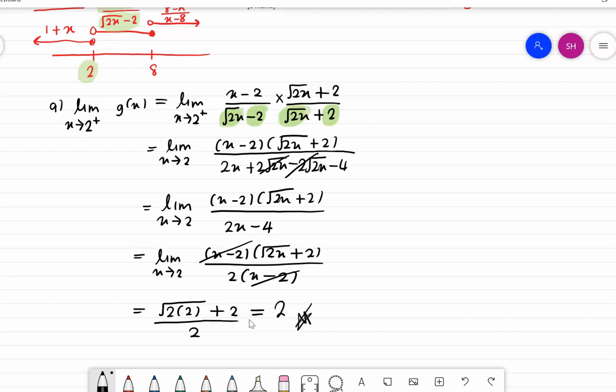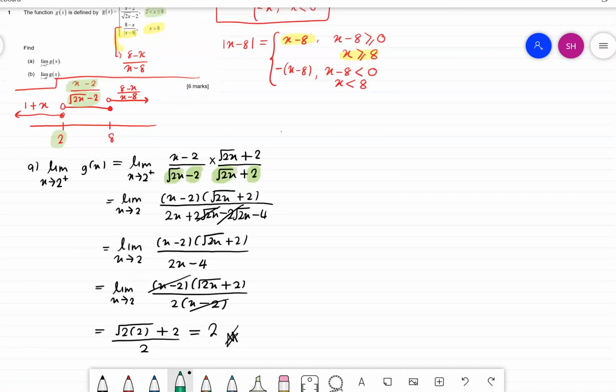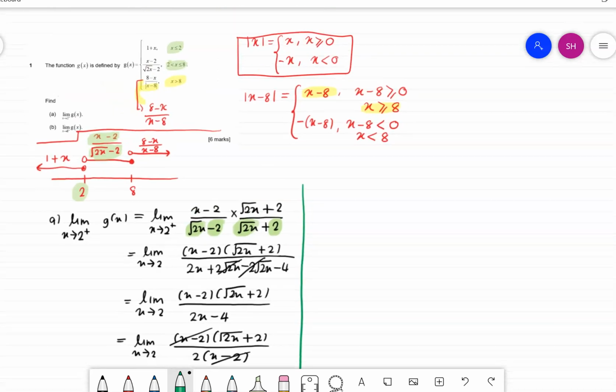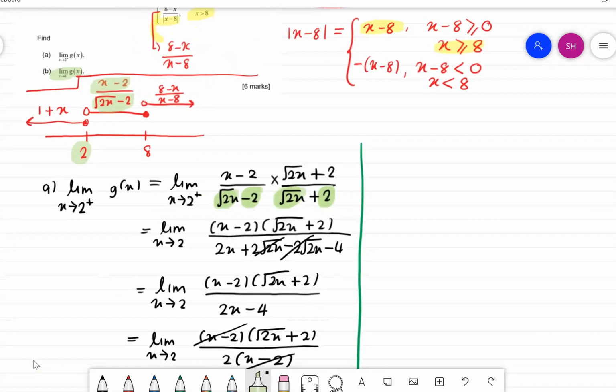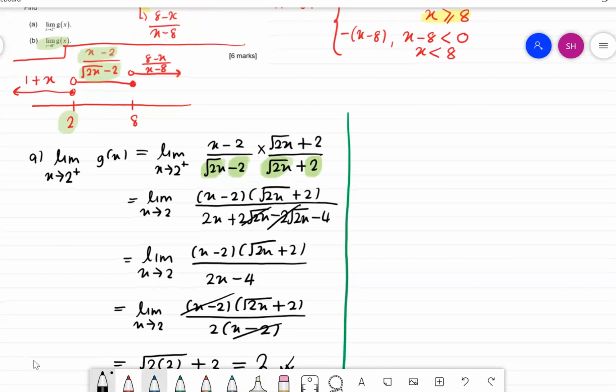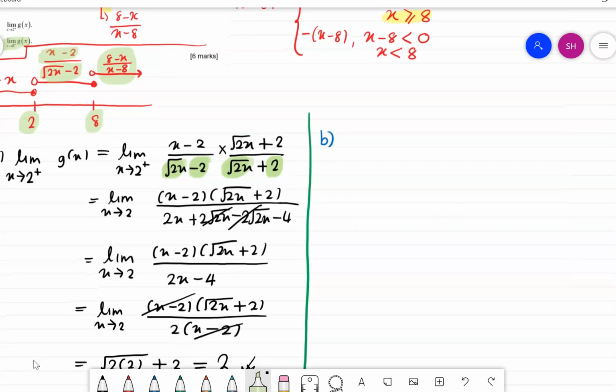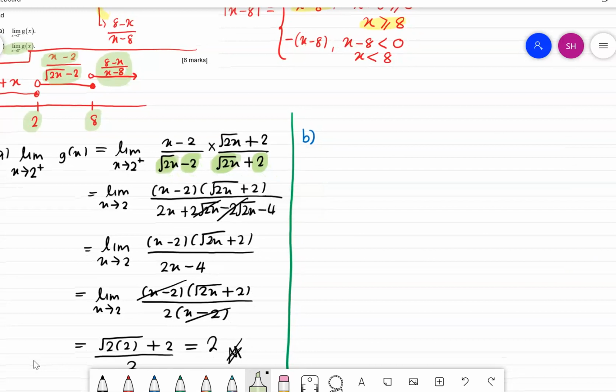Alright, so this is question 1A. We proceed to 1B. 1B asks for the limit of g of x as x approaches 8 from the right. So this is 8. 8 from the right is this function, 8 minus x over x minus 8.